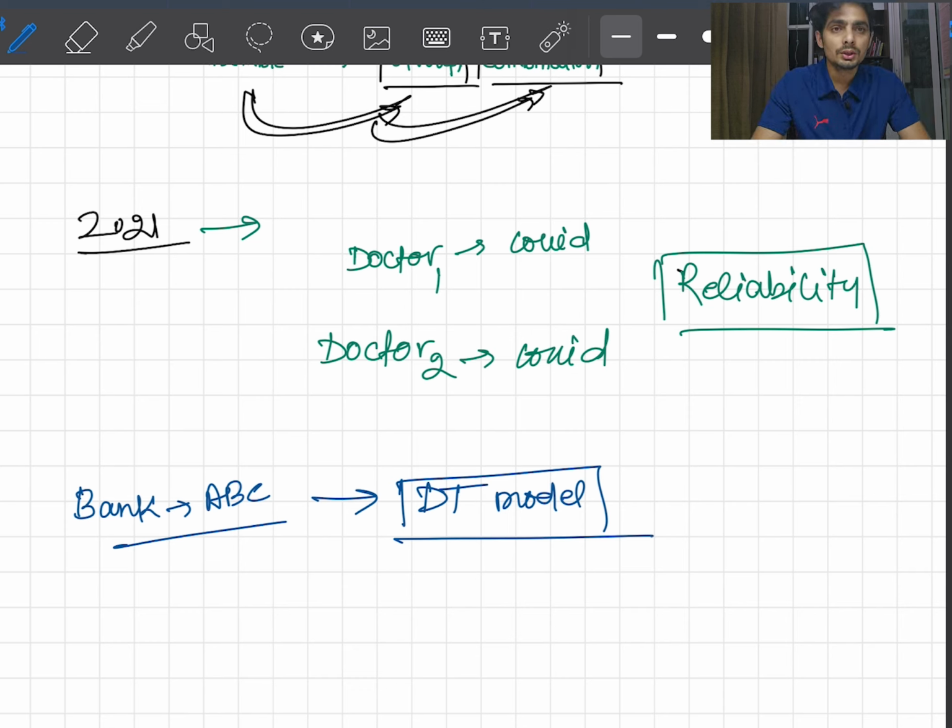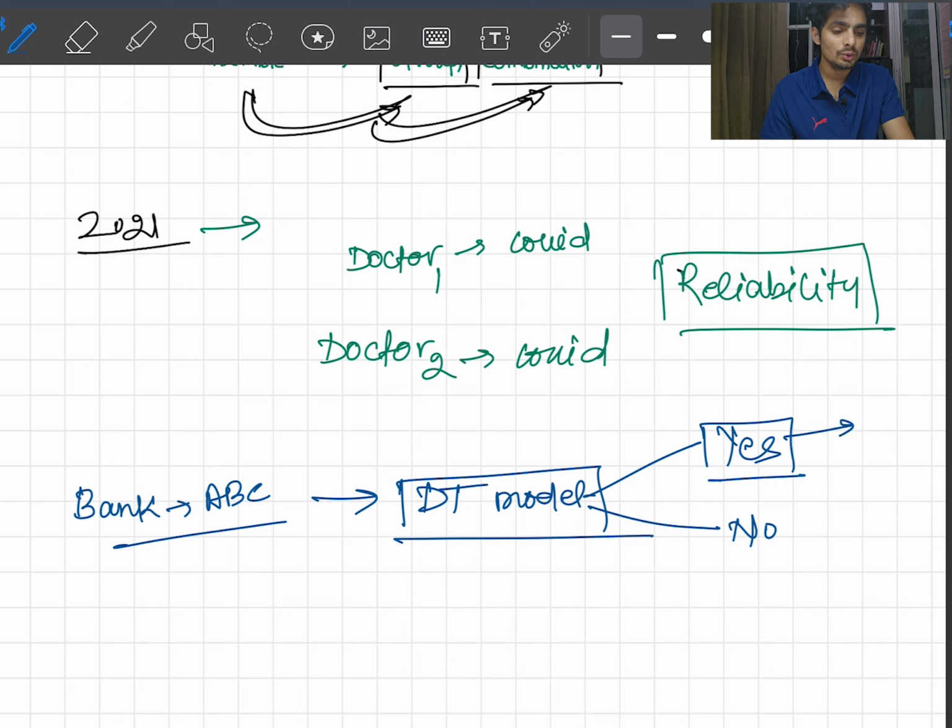They use decision tree models to decide whether they should lend a loan to a person or not. This is a classification model which gives the prediction in the form of yes or no. Yes means they should lend a loan. No means they will reject the application for the applicant, right?